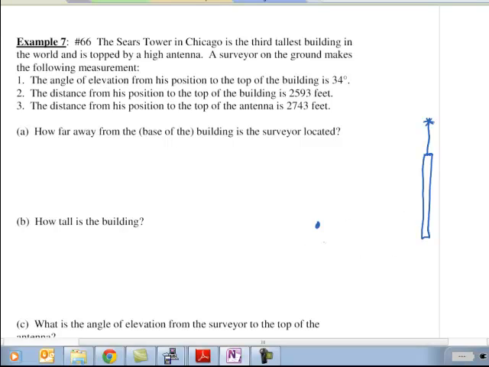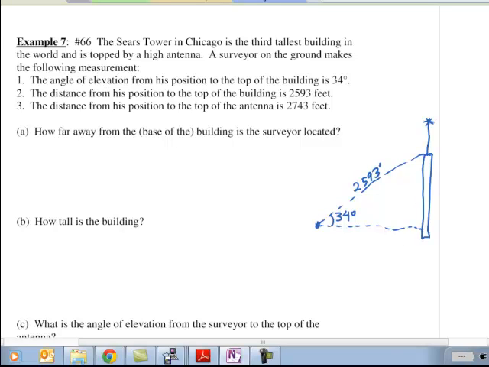This drawing won't be scaled correctly, but the angle of elevation to the top of the building, from the line of sight to the top of the building, is 34 degrees. The measurement from his position to the top of the building is 2593 feet.